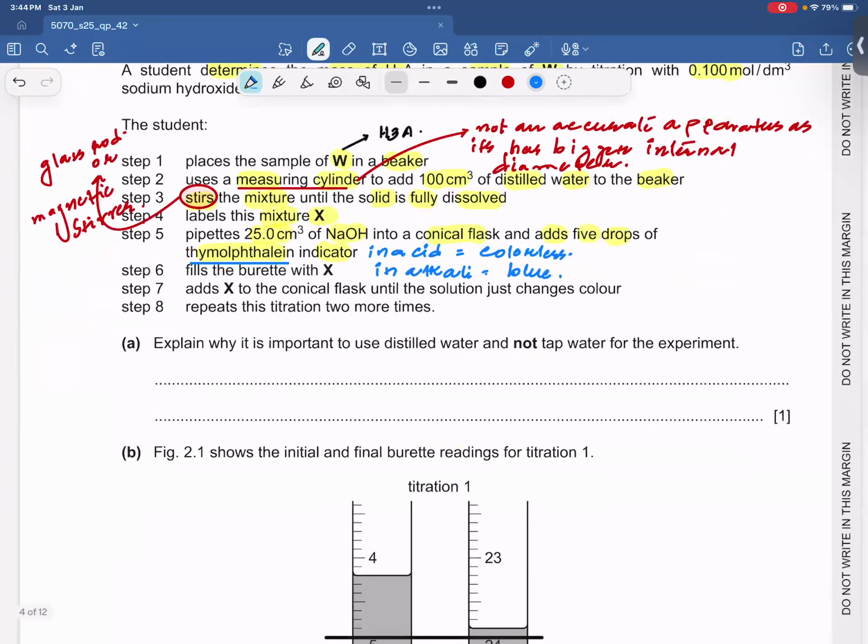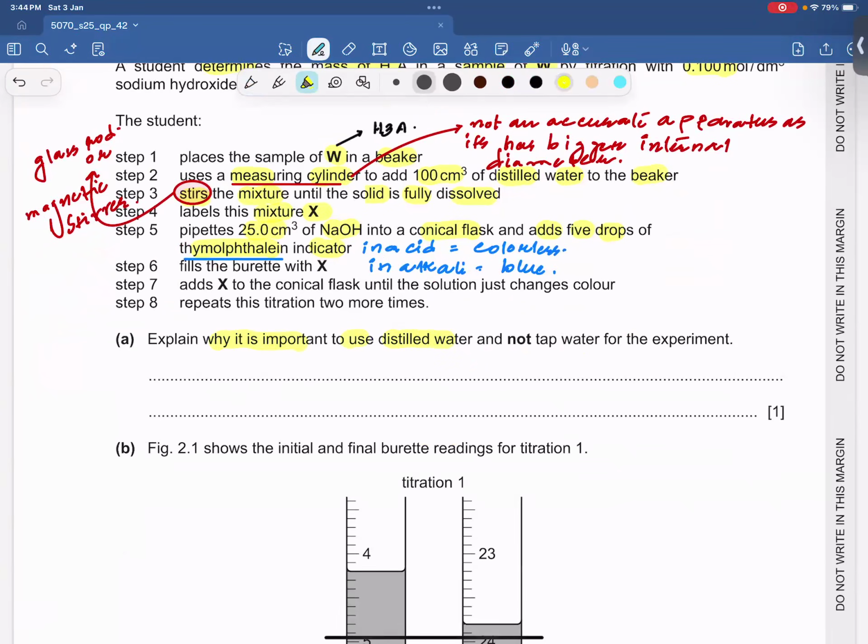Explain why it is important to use distilled water, not tap water, for the experiment. Okay, distilled water, not the tap water.